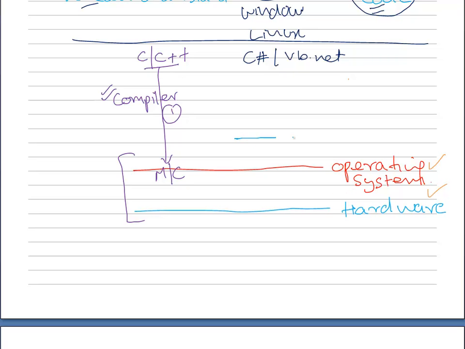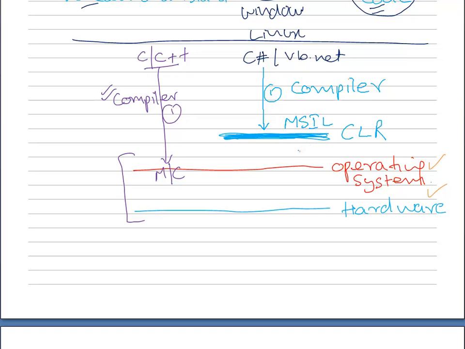All they know is that there is something called a CLR with which they will interact. So whenever you compile the C# source code in step 1, using a C# compiler, it gives you a Microsoft Intermediate Language. So it converts it into the intermediate language.